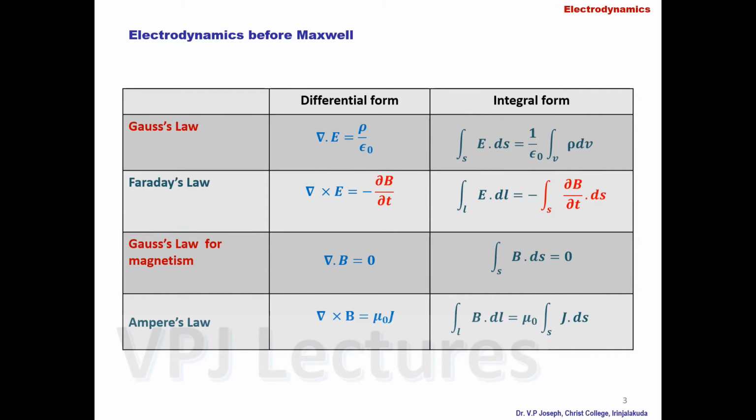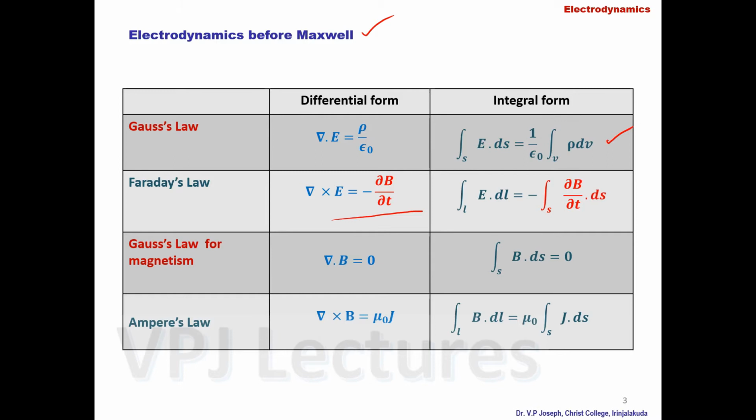So the four equations used before Maxwell are listed here. There is no change for Gauss's law. The only change is to the conservative nature of the electrostatic field, that is, del cross E now changes to minus dou B by dou t. Correspondingly, the integral equation also changes: line integral E dot dl is equal to minus surface integral dou B by dou t dot ds.